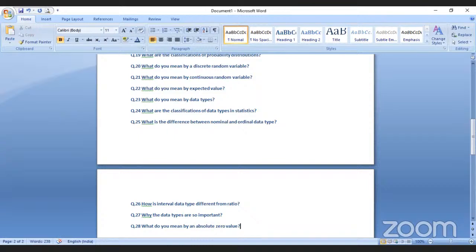Absolute zero means true absence of a value. So we do not have any absolute zero in interval data type, but in ratio data type, we have such an example of zero.